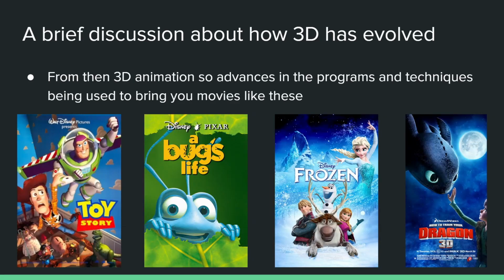Then you fast forward to modern 3D animated productions like Toy Story, A Bug's Life, Frozen, How to Train Your Dragon. These, of course, have undergone decades of development in 3D. The packages and tools that artists and producers use to make these movies have undergone a lot of development.